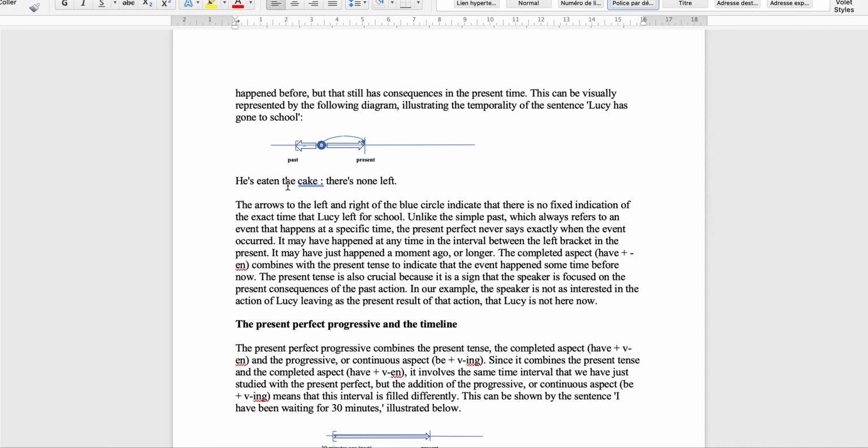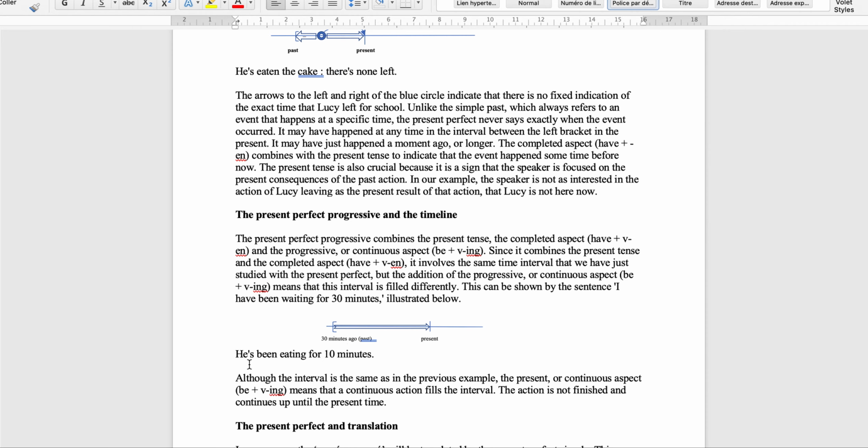So it's interesting to note that very often it is the complement of the verb that has something to do with us having either a short, non-durative activity, because the complement of the verb really gives us specifications about the activity and also about the end of the activity. Whereas here we're just talking about eating.